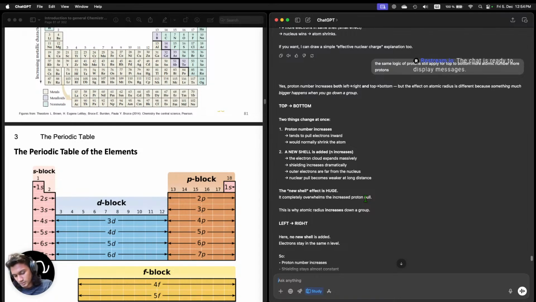While with a larger radius, it's the opposite effect. The nucleus has less effect on the outer electron, so more external energy is required. So that's electron affinity. Now what do we got?